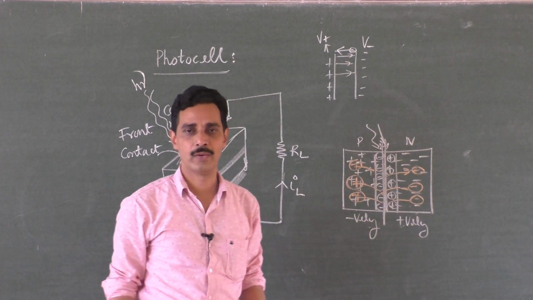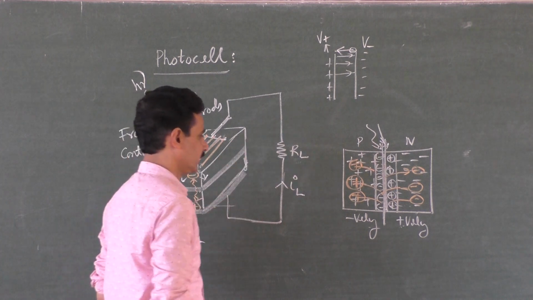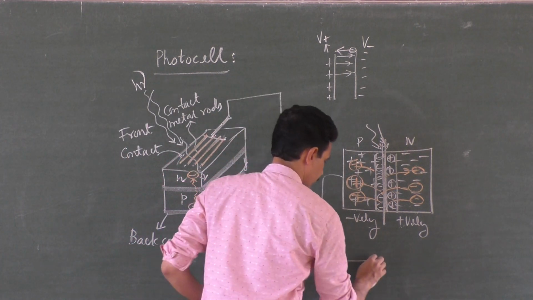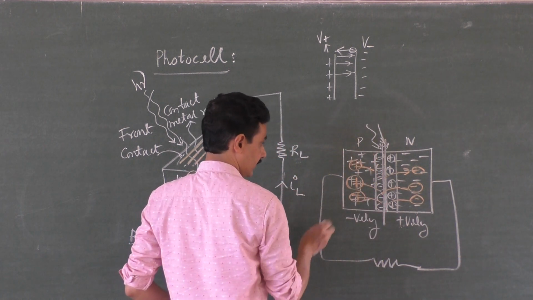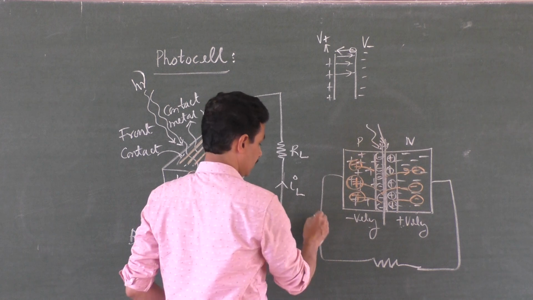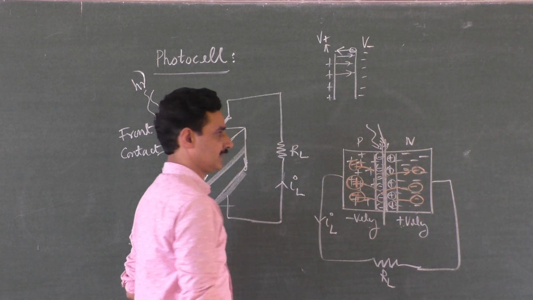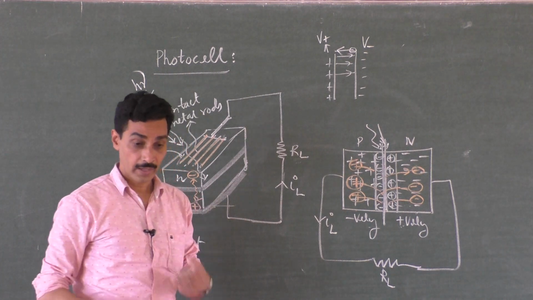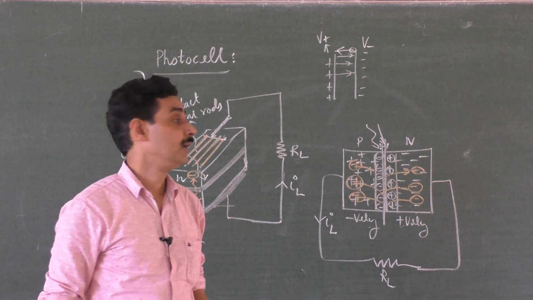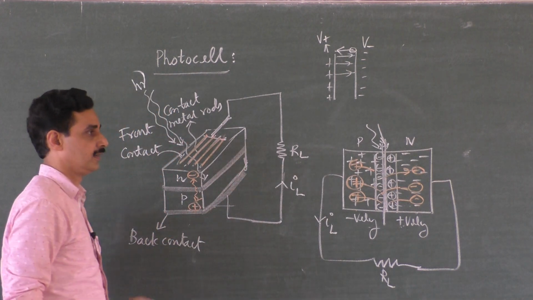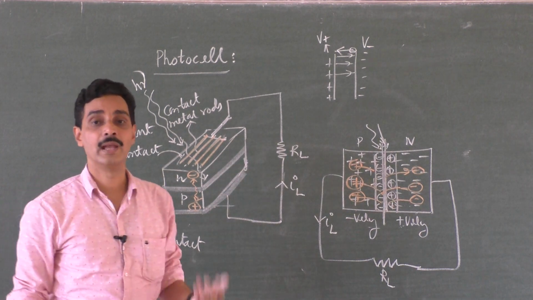That means it is a cell now. If you connect that cell across an external resistor, current starts flowing through the external resistor, from the P side to the N side. Don't show any battery again, right? You have to remember it. So you get a load current, and that flows in the junction. So the p-n junction arrangement itself acts like a cell, and that's why it is called a photocell. So a photocell is a device which generates EMF.